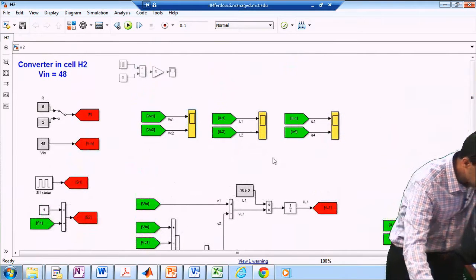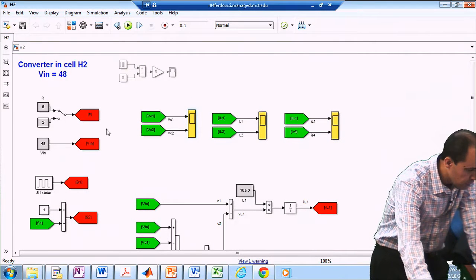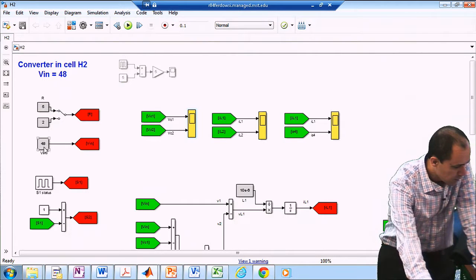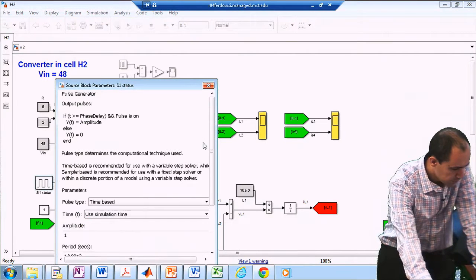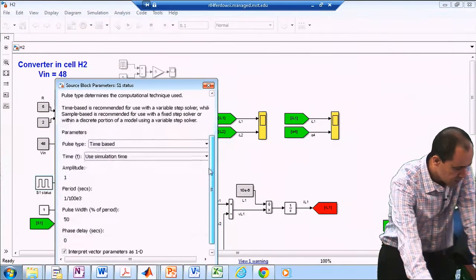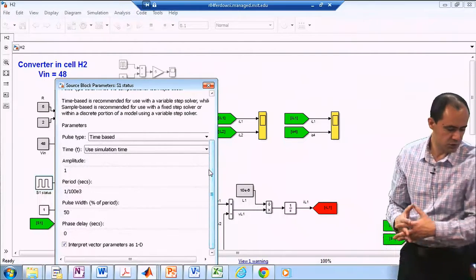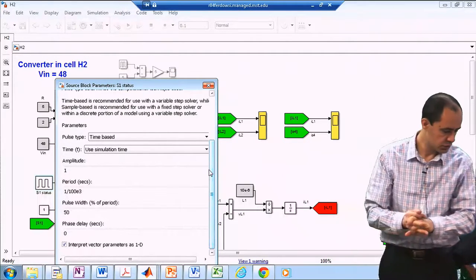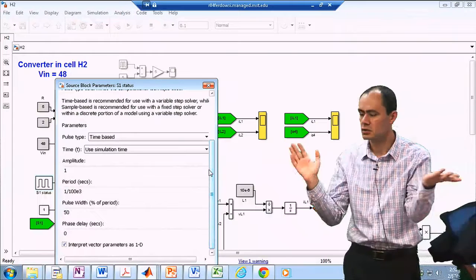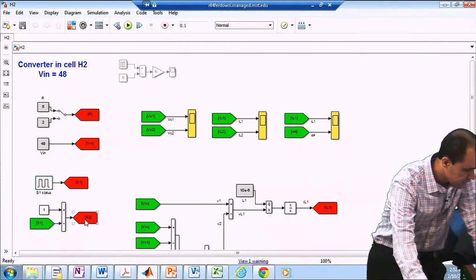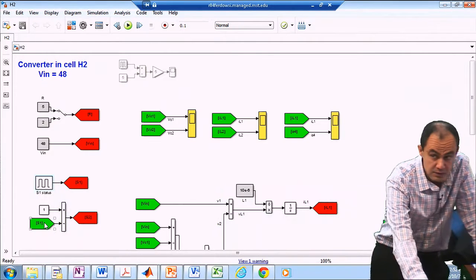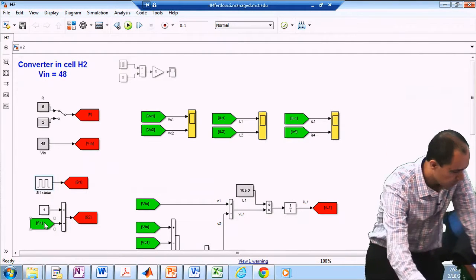So what's happening here is, first of all, I'm determining my load value, which is 5 ohms or 2 ohms. My input voltage is 48 volts. S1 is the switching command to switch number 1, which is basically a signal with an amplitude of 1, the switching frequency of 100 kilohertz. The duty cycle is chosen to be 50%. And S2 is 1 minus S1, basically. It's complementing S1.